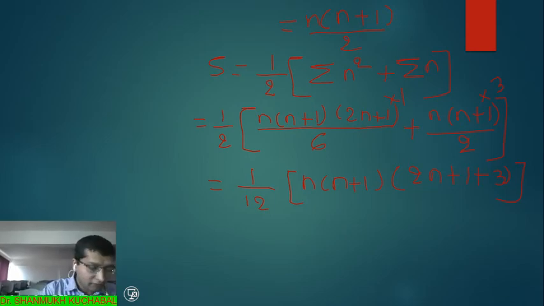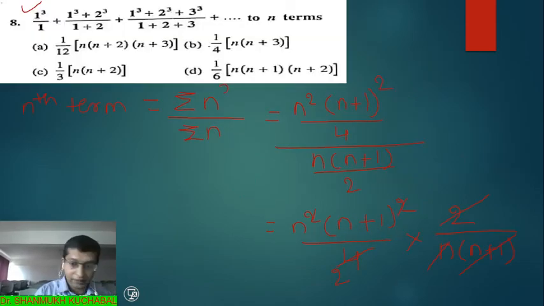So if we simplify it further, we get n into n plus 1 into n plus 2 whole divided by 6. This is our Sn. Therefore the right option is n into n plus 1 into n plus 2 divided by 6, that is option D is the right answer. Option D is the right answer.